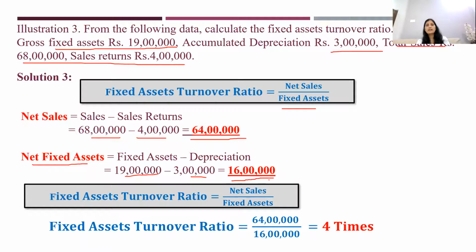This is our net fixed assets. When you substitute these values into your formula, fixed assets turnover ratio is equal to net sales divided by fixed assets, so 64 lakhs divided by 16 lakhs. That is 4 times. Okay, take down this.